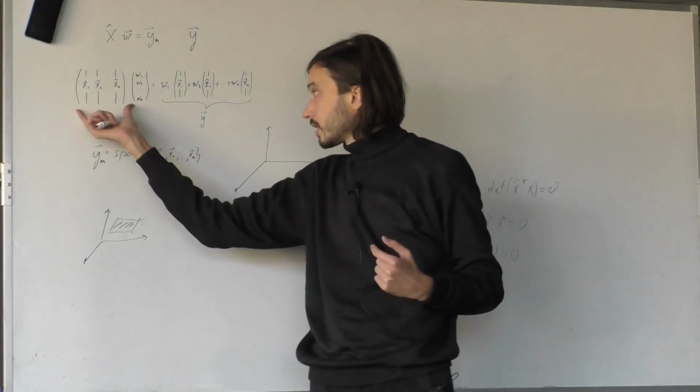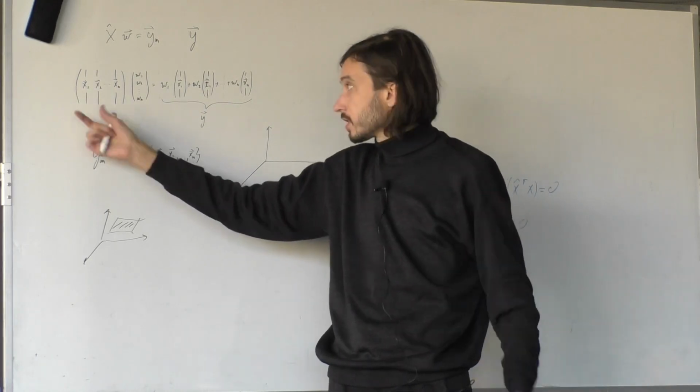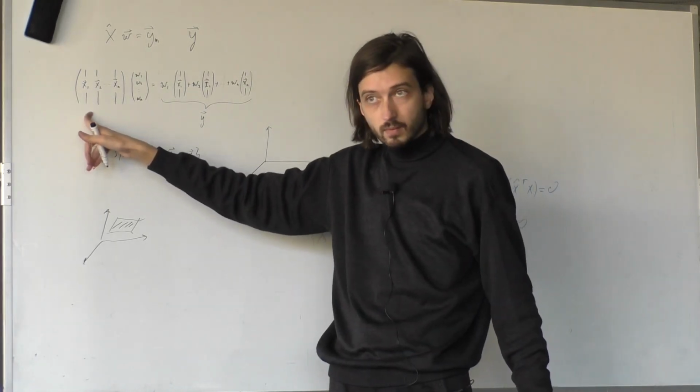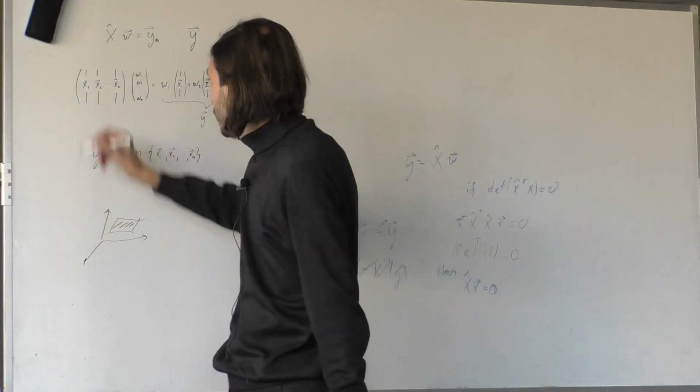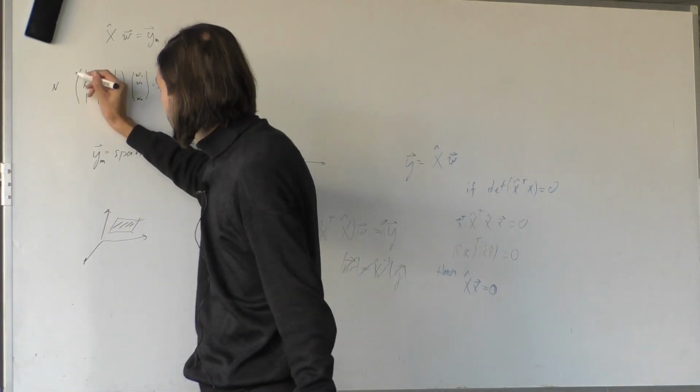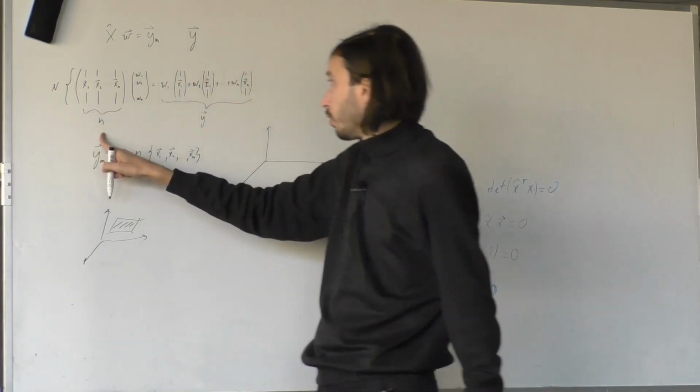Now I have a matrix where I have collected all my measurements of my features. Its dimensions are the number of measurements, let's call it capital N, and the number of features, which we call small n.